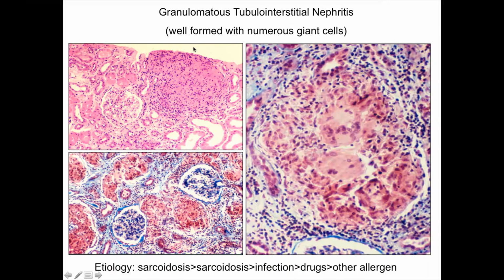Sometimes what we are dealing with could be lymphoma. Lymphoma can be in the kidney, and I've seen lots of cases of CLL in the kidney. I've even seen cases of diffuse large B cell lymphoma in the kidney.